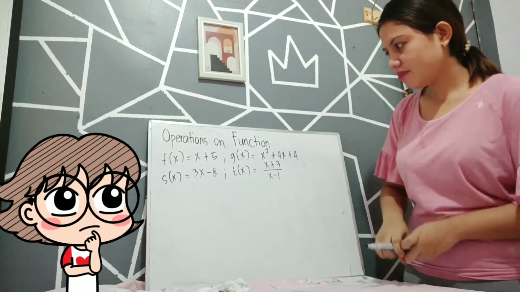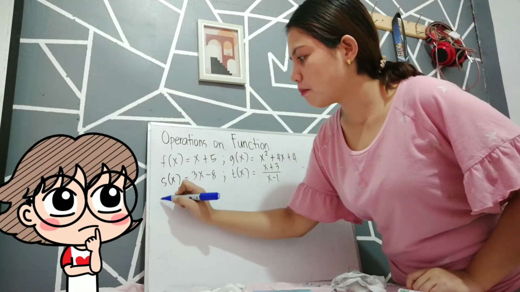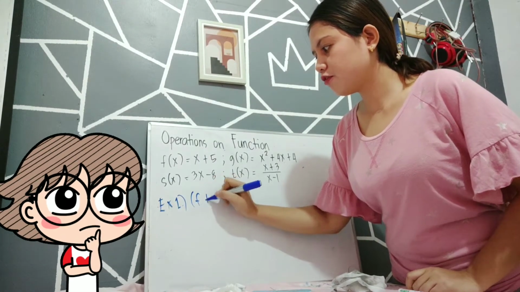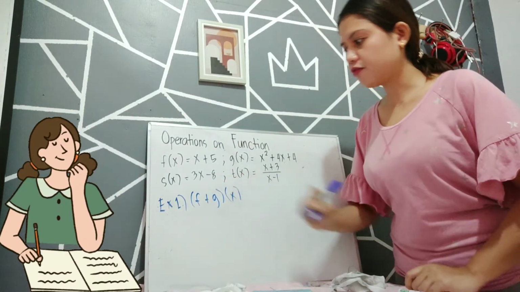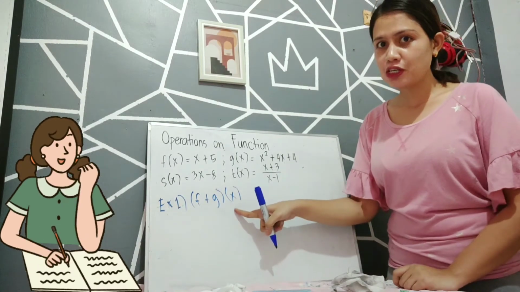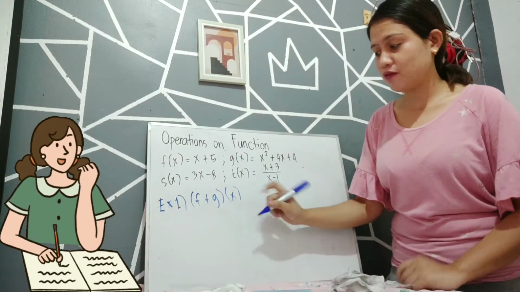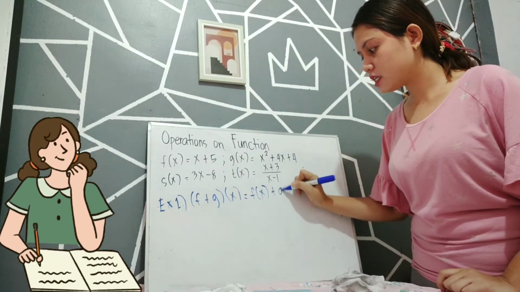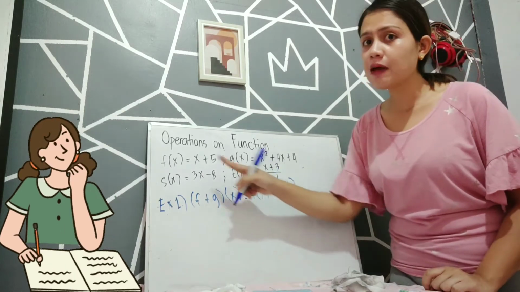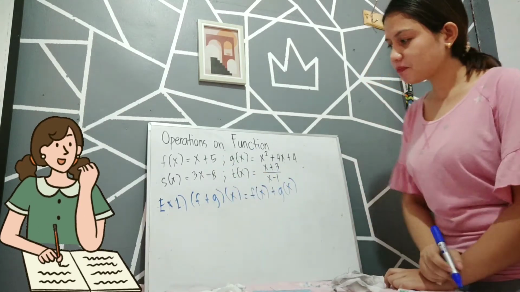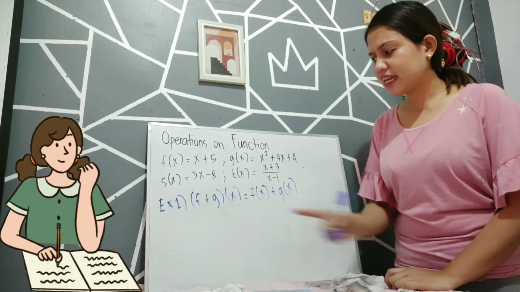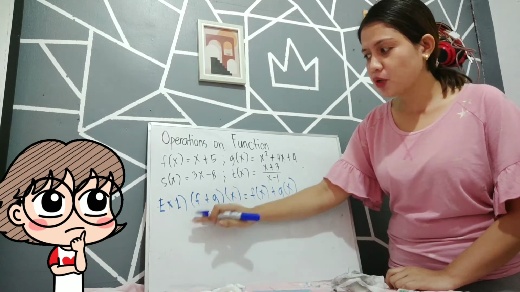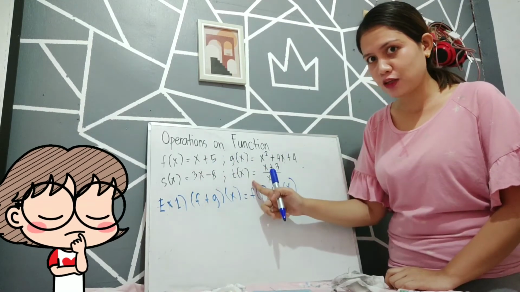Okay, let's have our first example. Given f plus g of x. The first step is you need to rewrite this into its equivalent form. So we will have f of x plus g of x. It's just like we distribute the x. Why do we need to distribute it? If we start here, remember, we can't see any equivalent value.